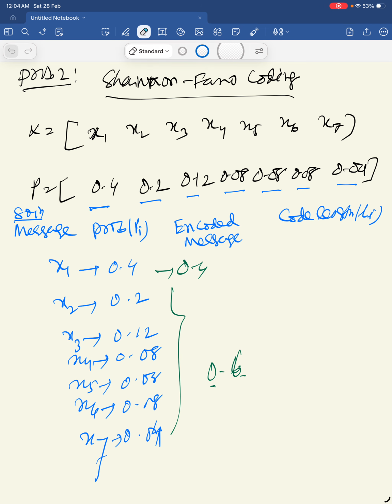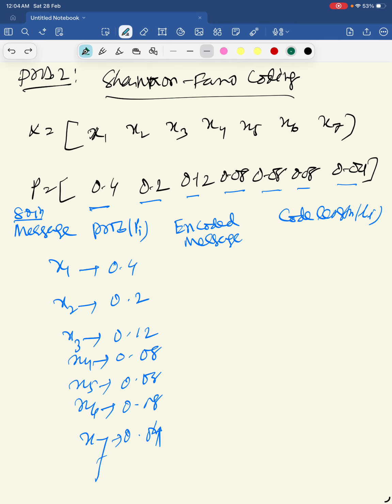So first group should be 0 and second group should be 1. This is the 0 group, and these all are the 1 group.